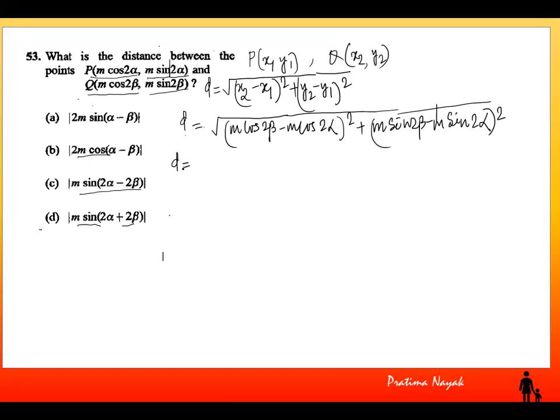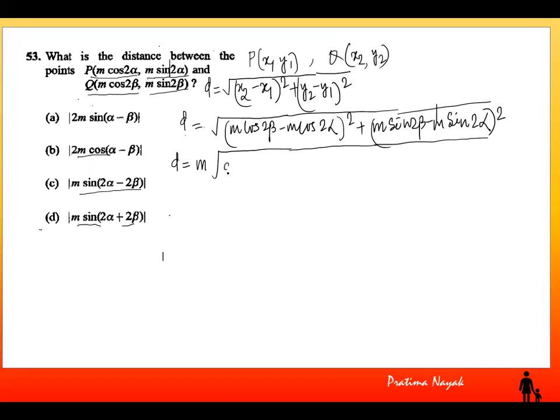So D is equal to, if you square m, it will be m square and it can be taken outside, taking m. So next, what am I getting? I'm getting cos 2 beta minus cos 2 alpha whole square plus sin 2 beta minus sin 2 alpha whole square.